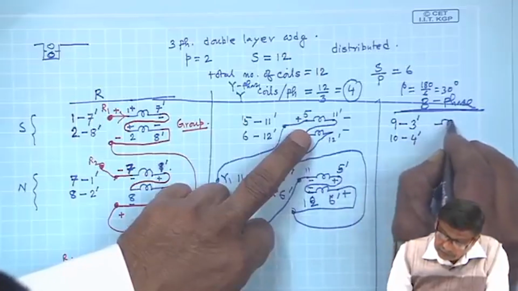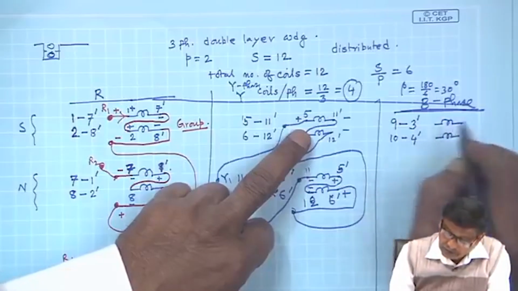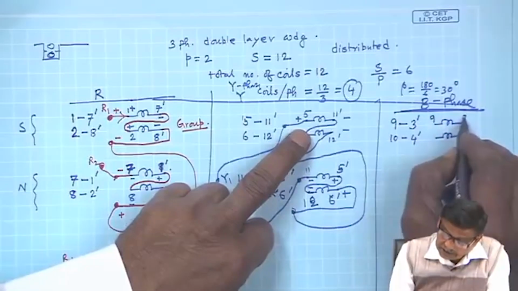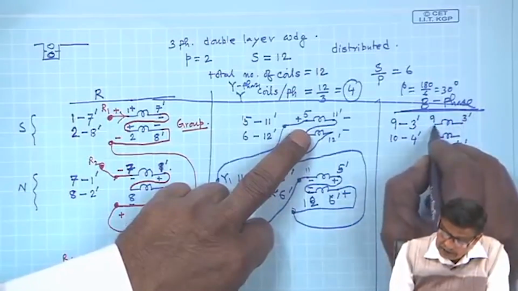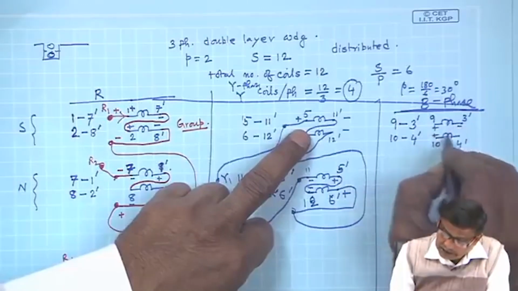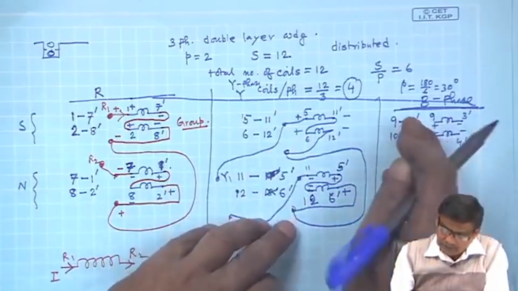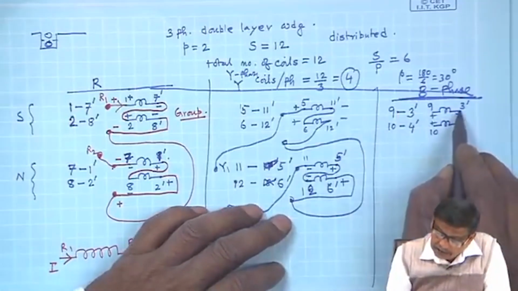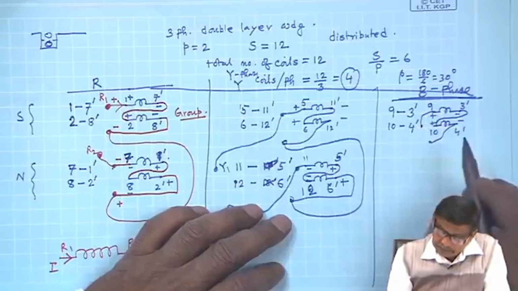So, these are the distributed coils in the first group of a phase. Its terminals are 9 3 dashed and 10 4 dashed, and this is plus minus. Imagine that this 9 10 under north pole or south pole has a particular polarity like this, and I will connect them in series. These are the group terminals.